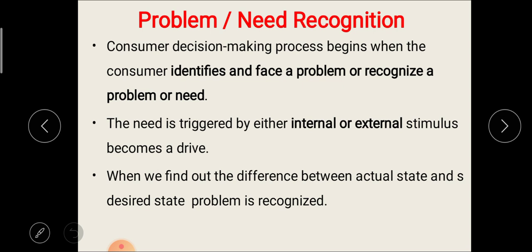Okay, so this need is triggered by either external or internal stimulus, and when we find out the difference between the actual state and the desired state, then we call the problem recognized. For example, if Ram recognizes that his personal computer is not performing well and he wants to buy a new one, then we call it problem recognition.